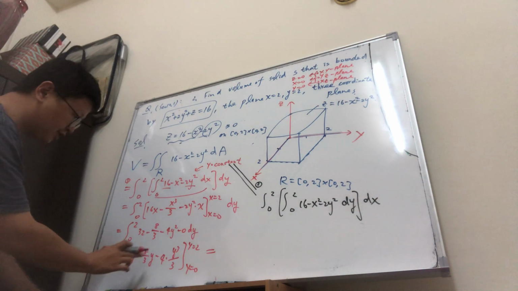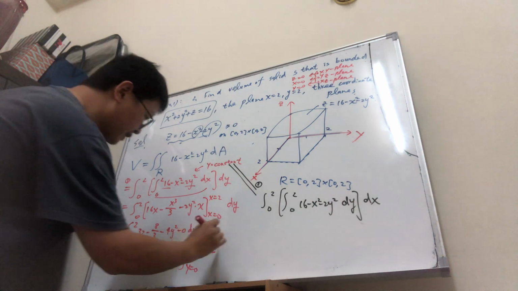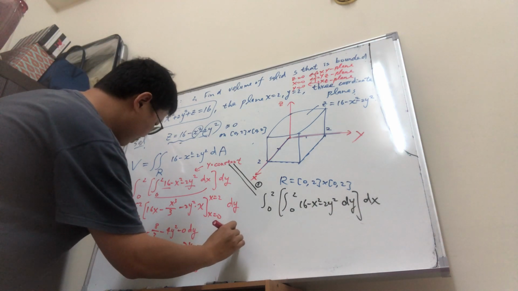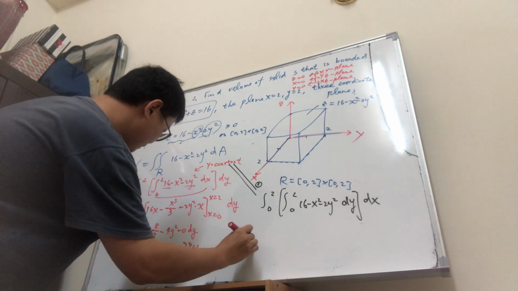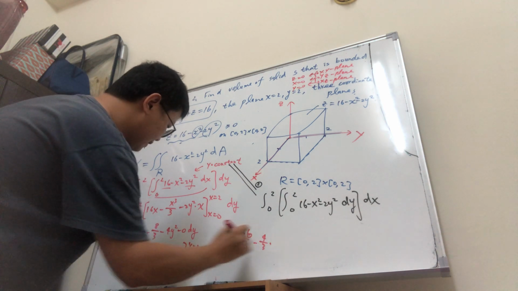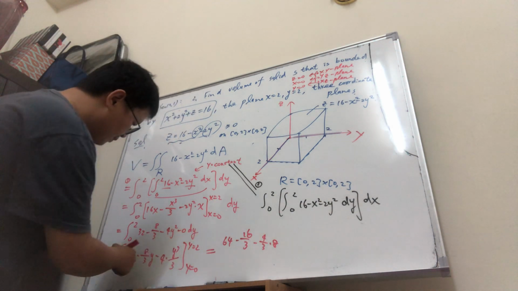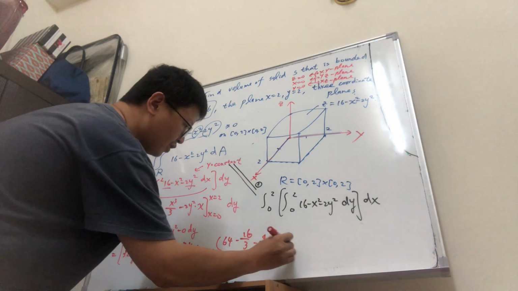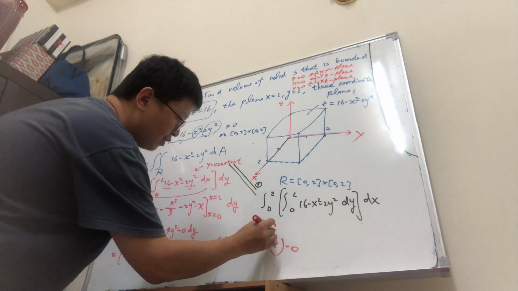Plug in the values 2 and 0, so it's 64, subtract 16 over 3, subtract 4 over 3 times 2 cubed, which is 8, and subtract 0. And here 4 times 8 is 32 over 3.